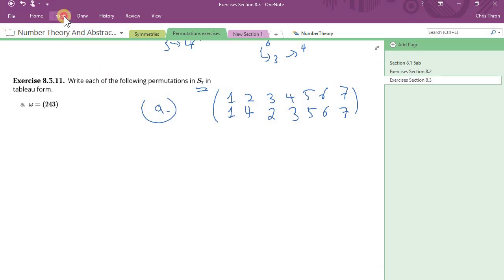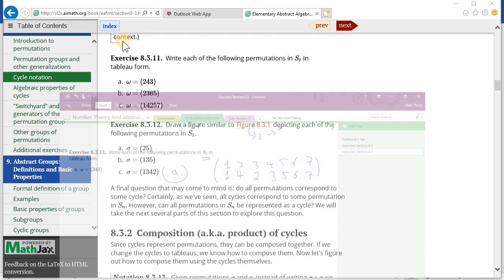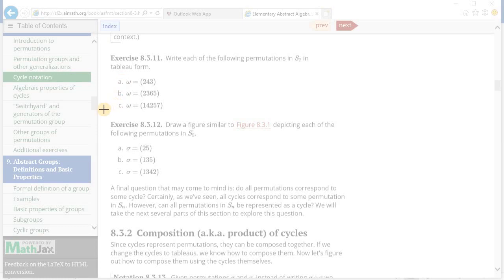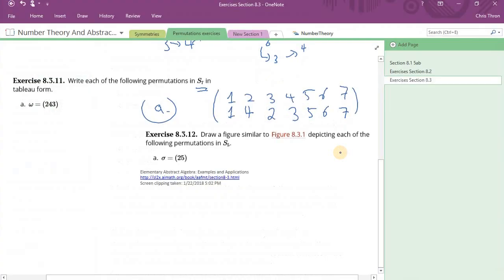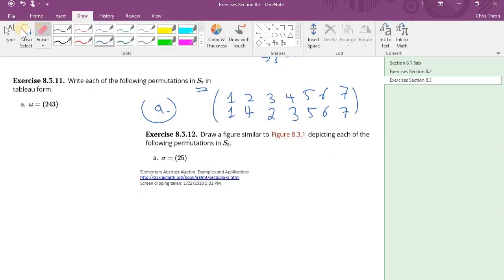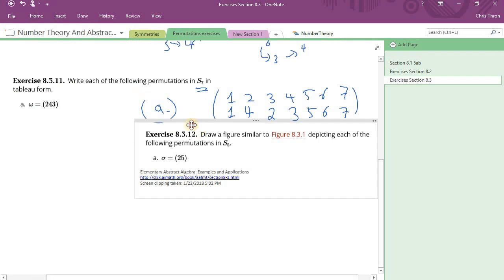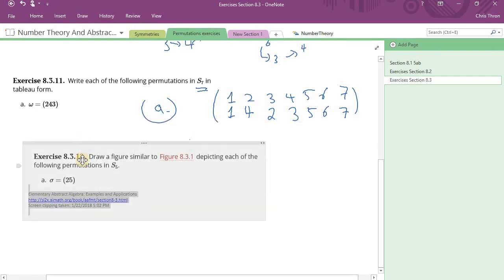Okay, the next problem is this one, 8.3.12 part A, I was going to do. And let's move it over. All right, so I want to draw a figure similar to 8.3.1. 8.3.1 was the cycle figure, and this is a permutation in S5.